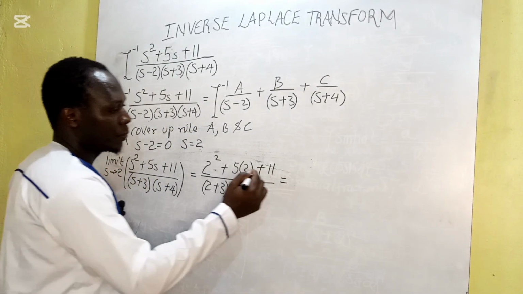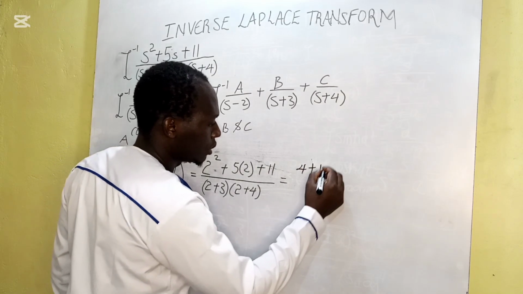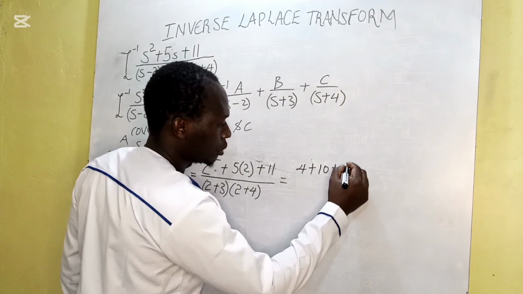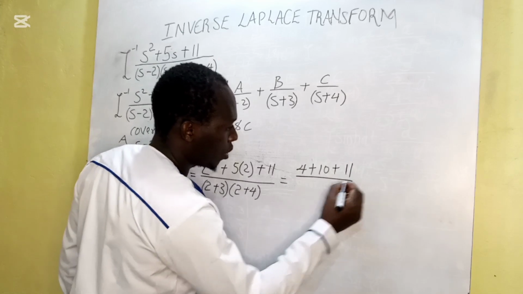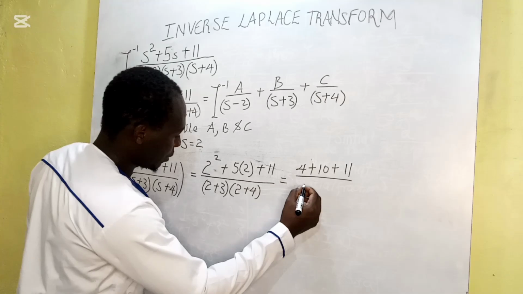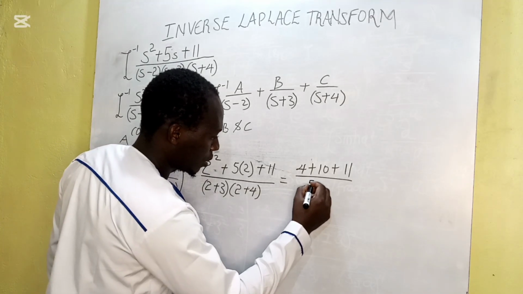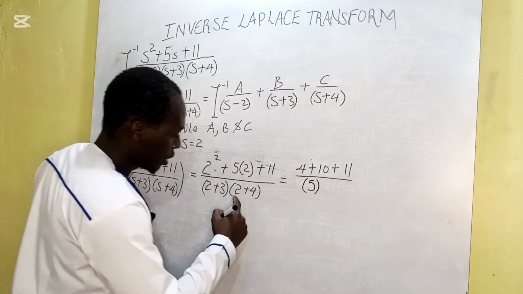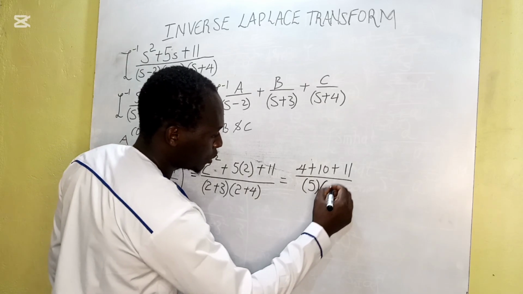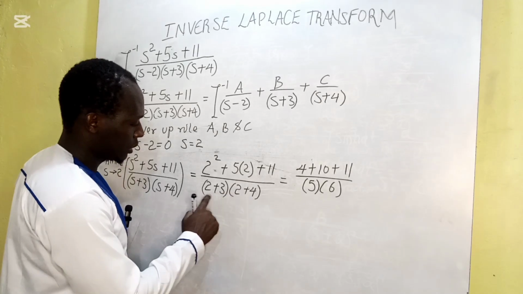On our numerator, we have 4 plus 10 plus 11. On our denominator, we have 5 times 6.